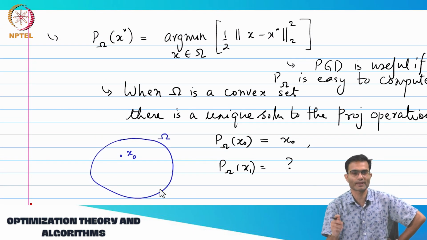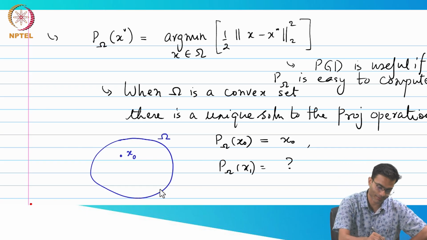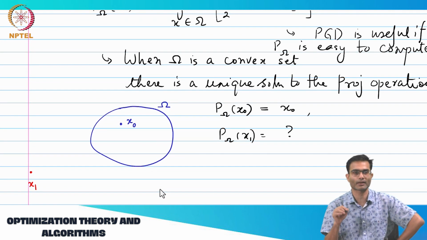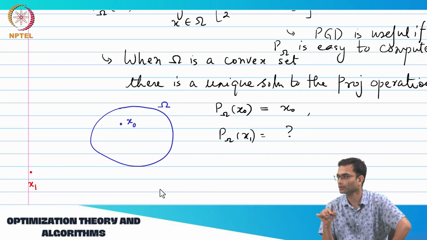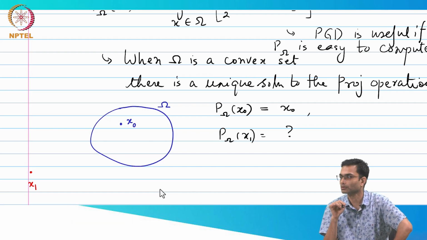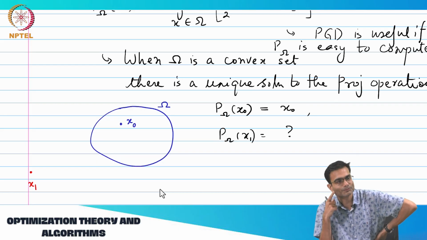This simply means find the nearest point in omega to my target, my candidate point. Okay, so that is the geometrical meaning of this. Now I'm at x1. I want you to find me the nearest point from omega to x1. Right? So think of yourself as in high school geometry with protractors and all of those things. How would you solve this problem?